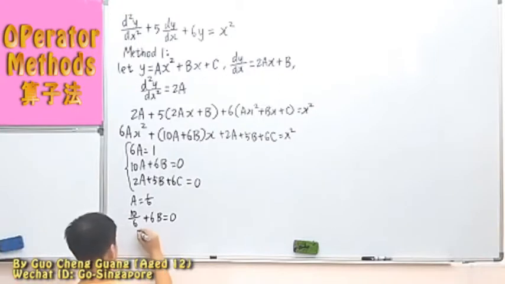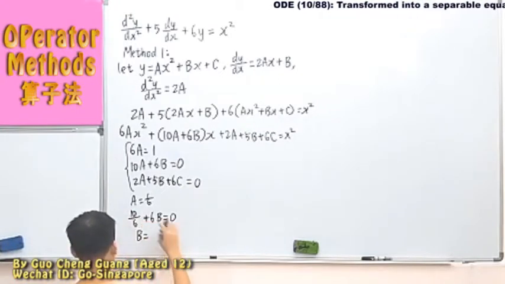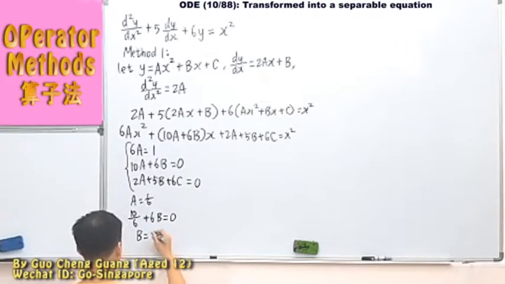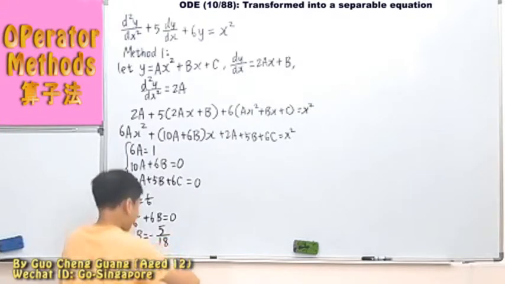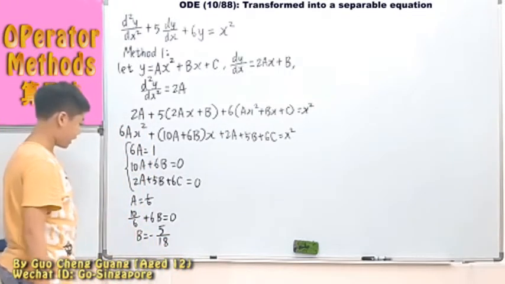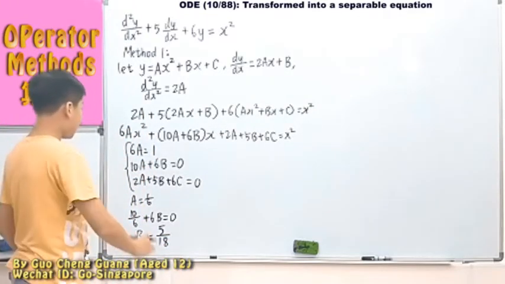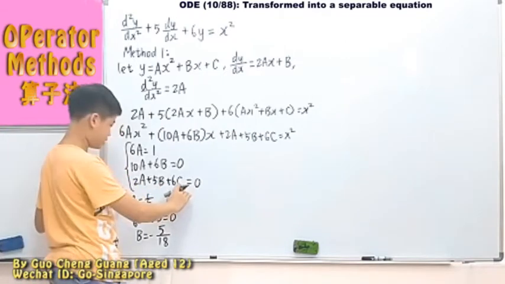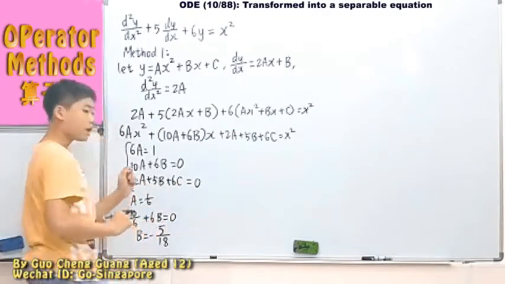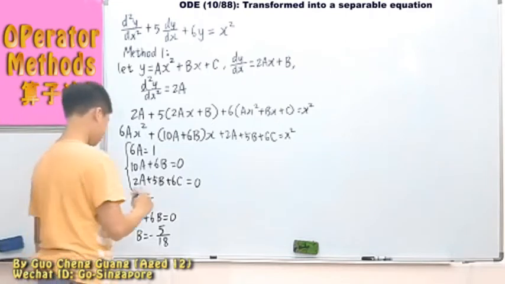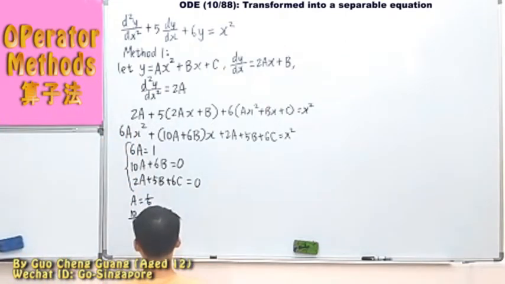Then from this part, we move b to the other side, so you have negative 5 over 18. Then from the last equation, you have to find out c.